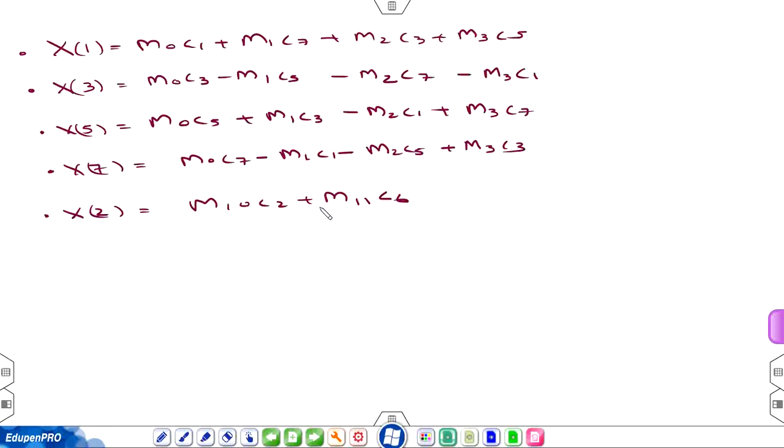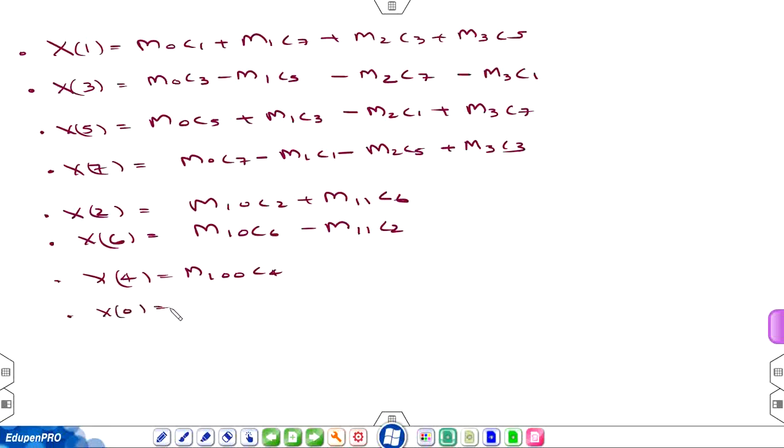Okay, and x6 is equal to m10 c6 minus m11 c2. x4 is equal to m100 c4, and x0 is equal to p100 c4.